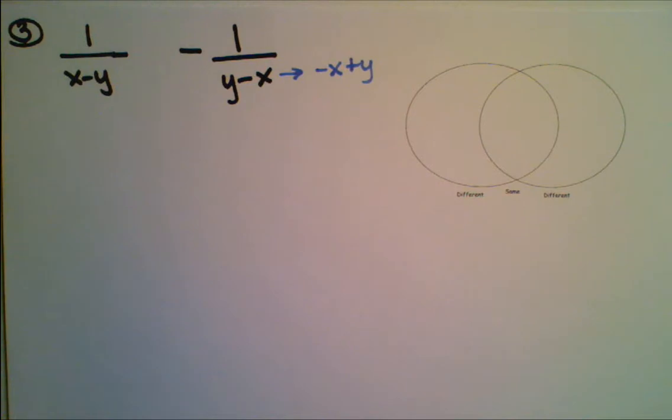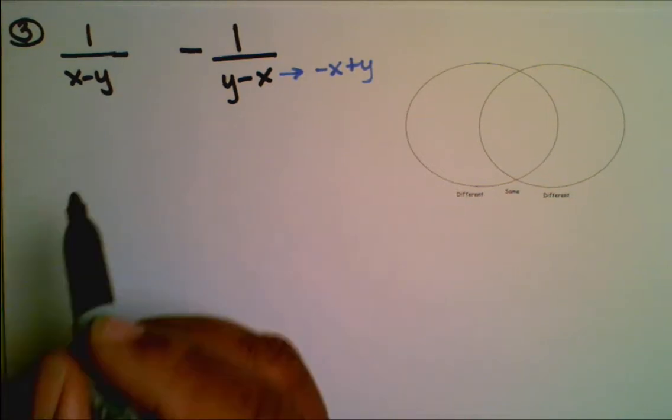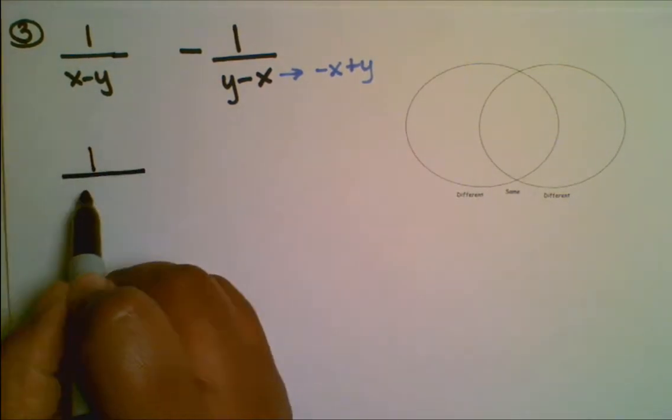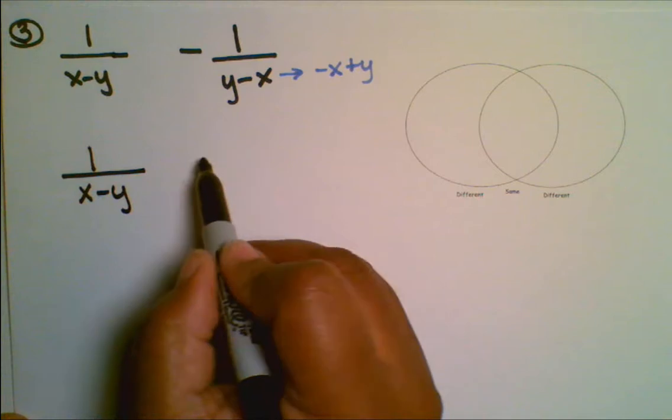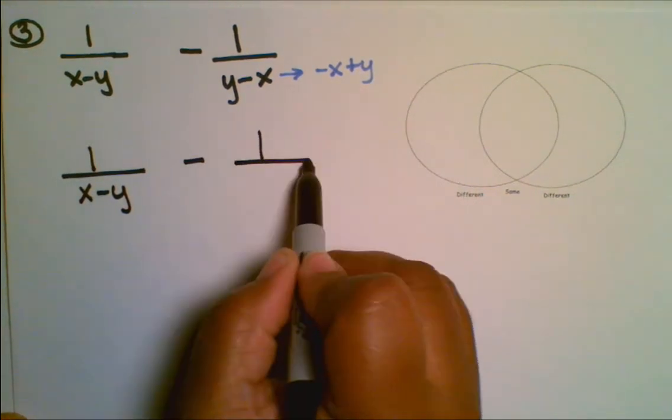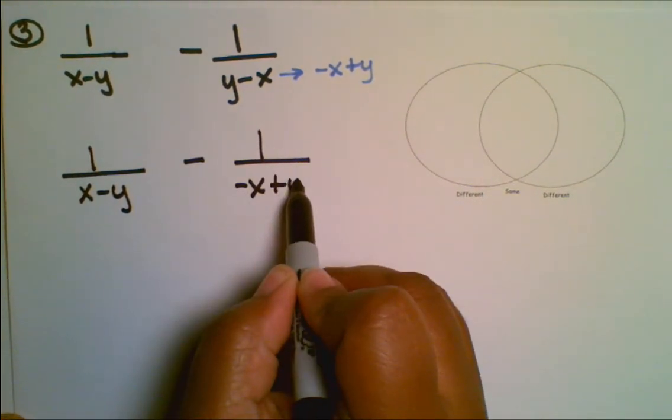Remember, we never want to have a negative first term. So let's rewrite the question over again. We have 1 over x minus y minus 1 over negative x plus y.